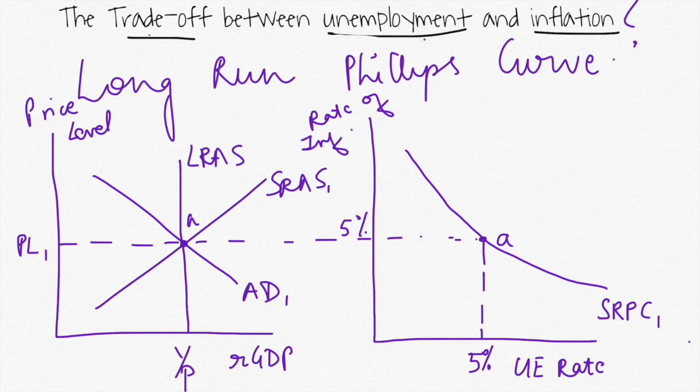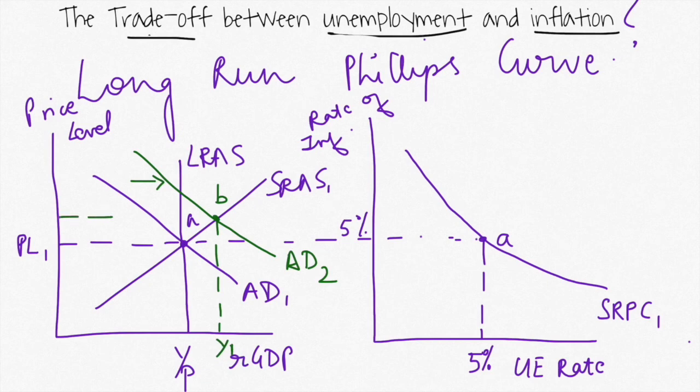Okay, so green is showing me an increase in aggregate demand, which means that now I have a new equilibrium called B due to the shift of AD to the right. Okay, and this is an inflation obviously in the economy, so I can call this Y1 or Y inflation, whatever you want to, and I call it price level 2.